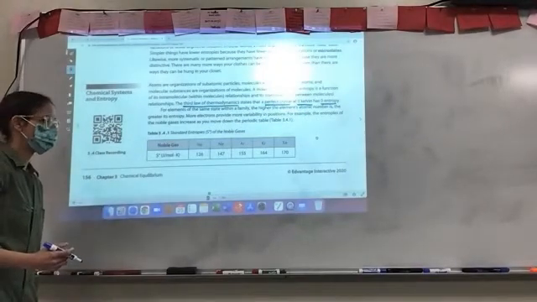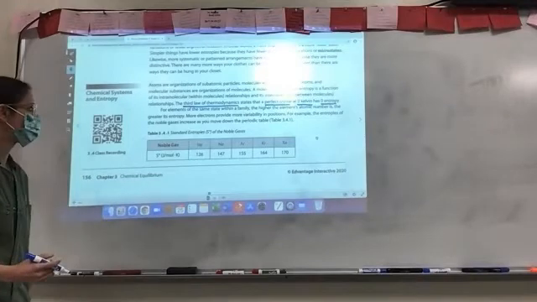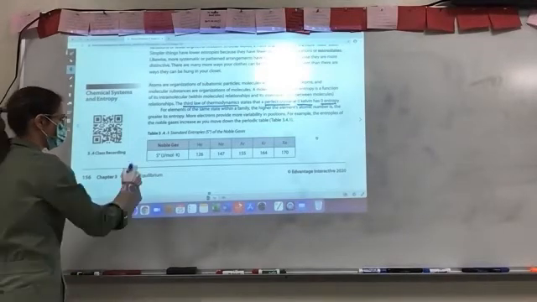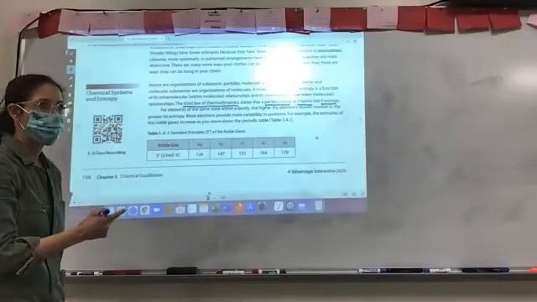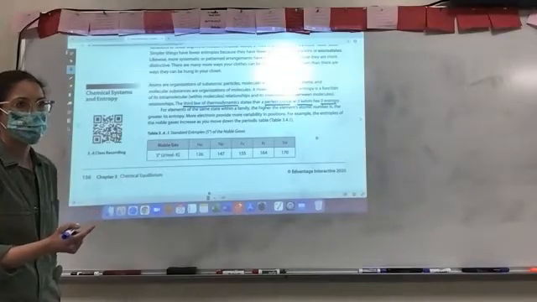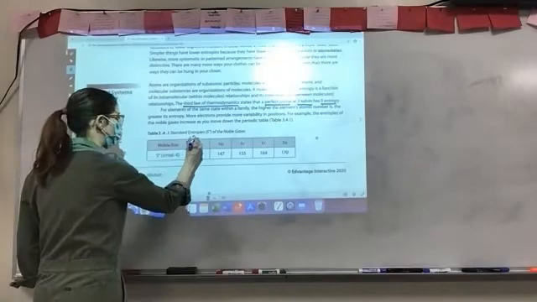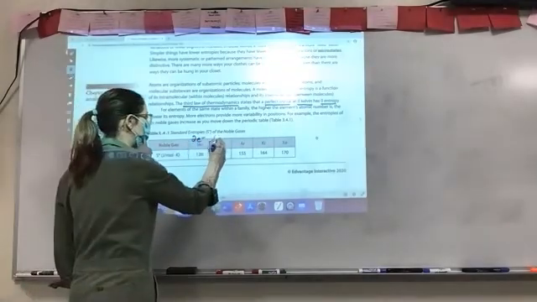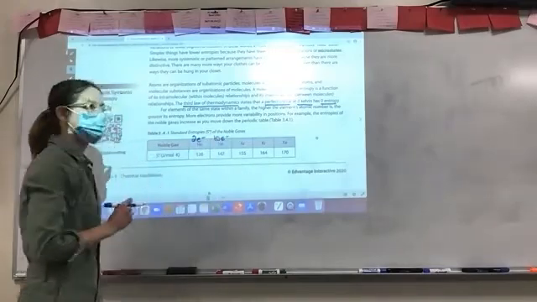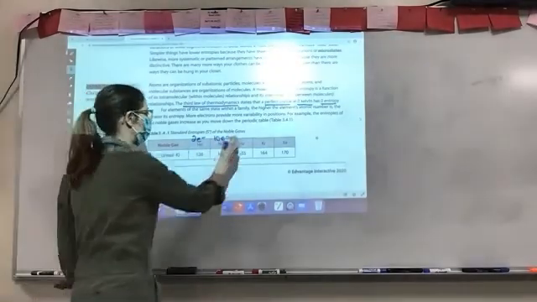Let's take a look at a few examples of things that I've mentioned so far. The first thing we're going to look at is this table that has all the different noble gases in it. We start with helium and we go to xenon. Helium has got 2 electrons. Neon has got 10. Argon has got 18.